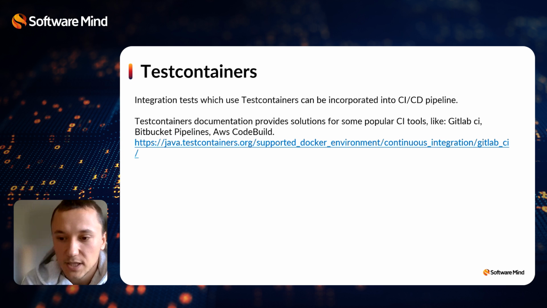In my previous project, we were using GCP and GCP triggers, so a Google solution, and we were able to configure it. Here you have a link to the Testcontainers documentation where they provide some solutions for popular CI tools like GitLab CI, Bitbucket pipelines, and a few others.